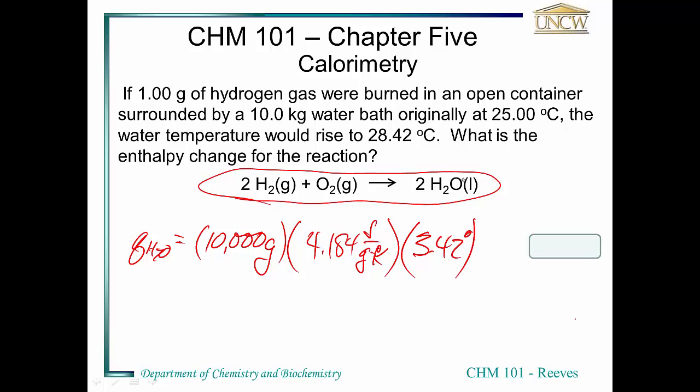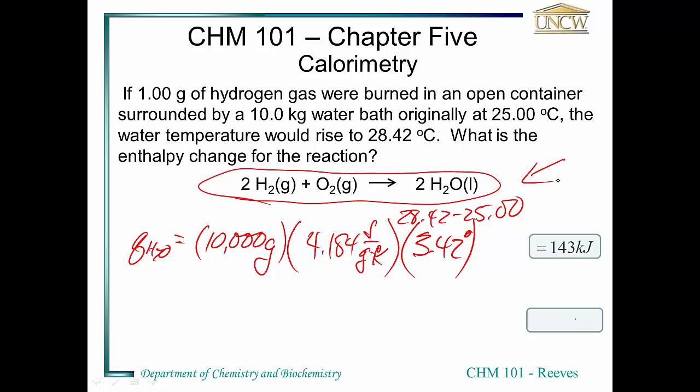This is of course 28.42 minus 25.00. If you multiply this out and then divide by 1,000 to get it into kilojoules, you wind up with 143 kilojoules. So this is the step we're adding to the process.